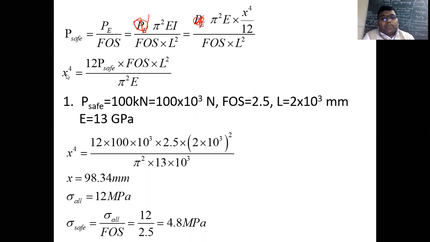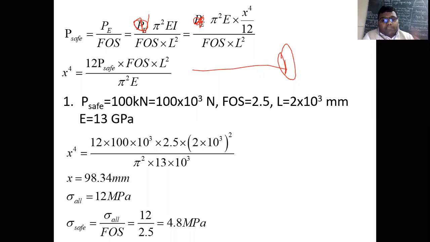It becomes x⁴ = 12 P_safe × factor of safety × L² upon π²E. Okay, this is now one equation. So this is equation number 1, suppose. This is one of the equations.